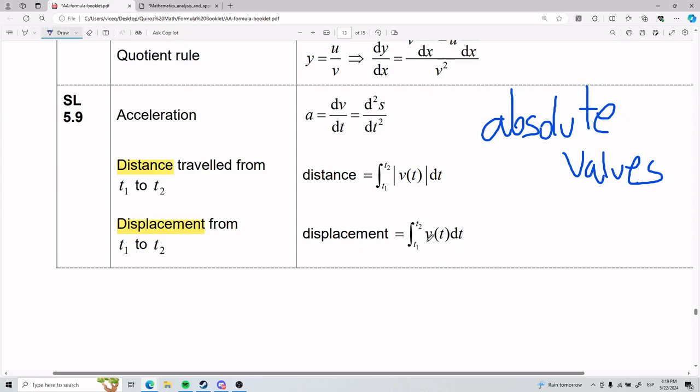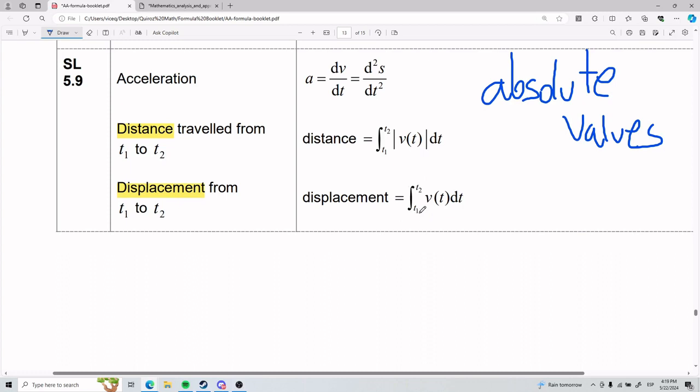So displacement is going to be the integral from t1 to t2 of velocity, dt. Now that's a lot of not very intuitive math terms, okay? And I also didn't use the fancy definitions, but that's because you don't need the fancy definitions. Who cares about the fancy definitions?